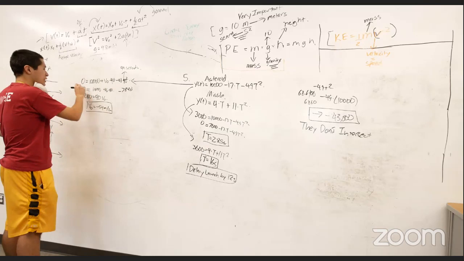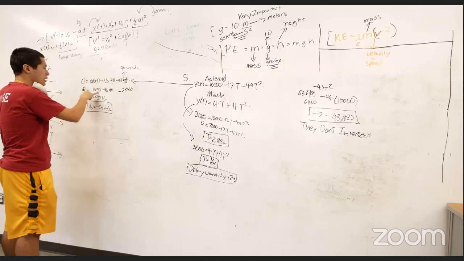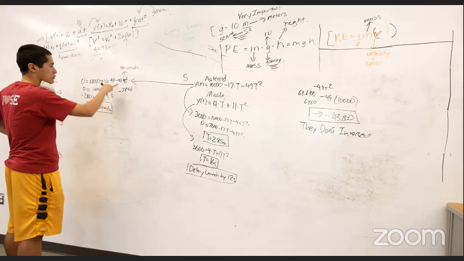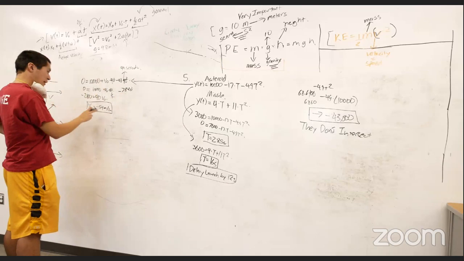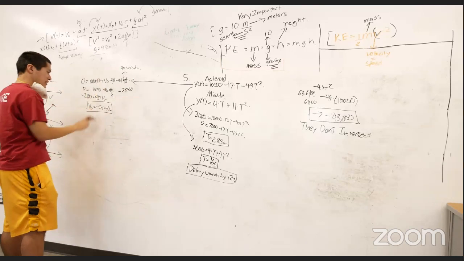I'm trying to figure out where it hits the ground. 10,000 is equal to V naught times 40, which is the time, minus 7,940, which is 4.9 times 40 squared. So again, my velocity is negative 54 meters per second.